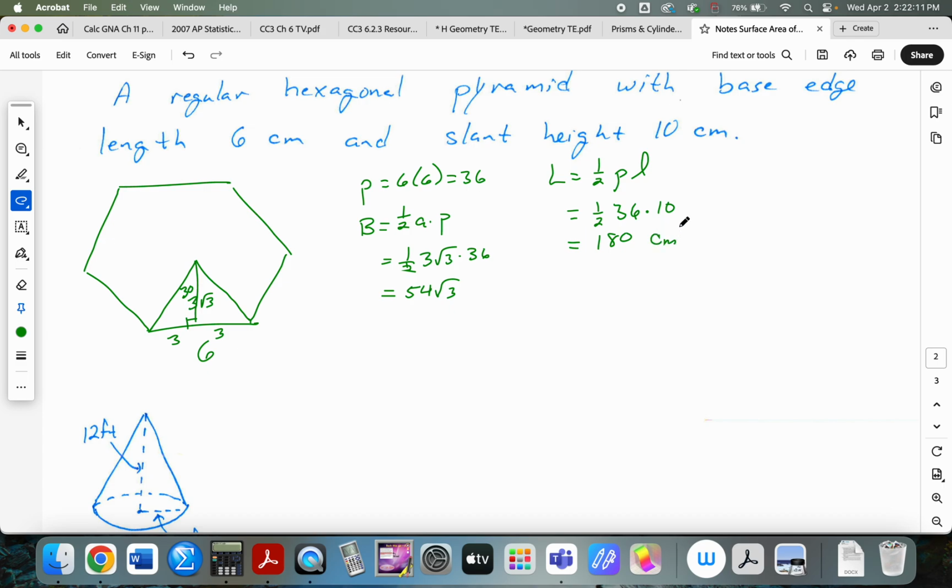And that'll be square centimeters. The surface area is the lateral area plus, we've only got one base. So that's 180 plus 54 square roots of 3 square centimeters.